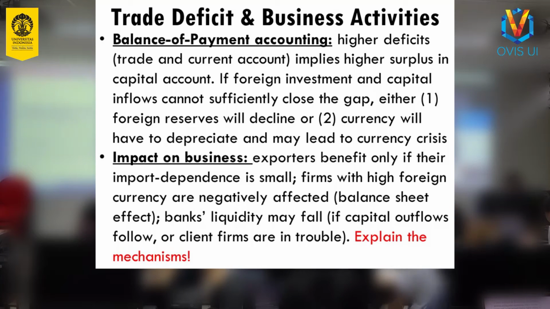So if your company balance sheet is such that on the liability side, there's a lot of loan in foreign currency, let's say you're borrowing $1 million. So on your liability, there's $1 million there. Now, of course, because your operation is in Indonesia, you have to translate that $1 million into rupiah.